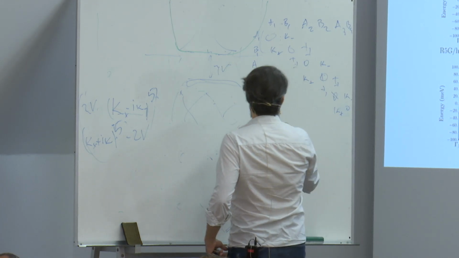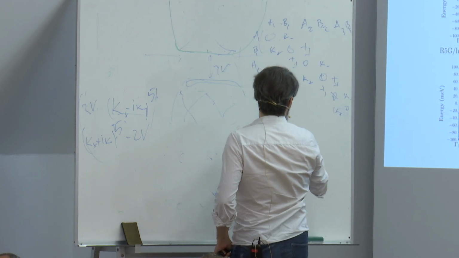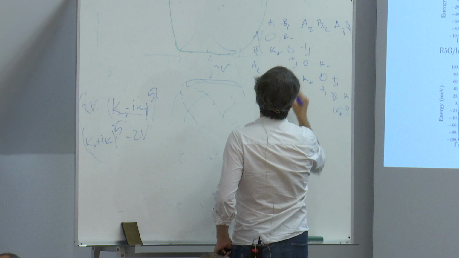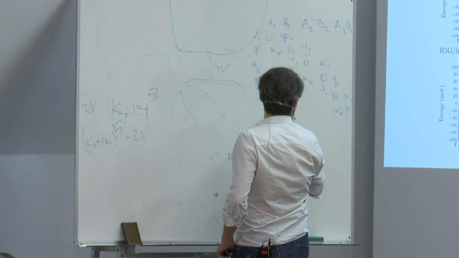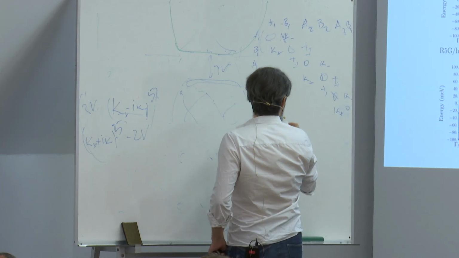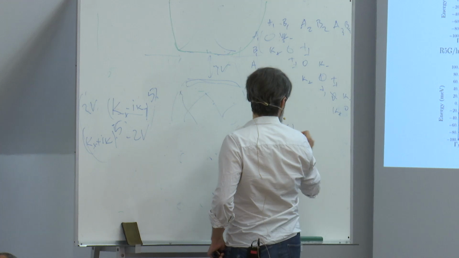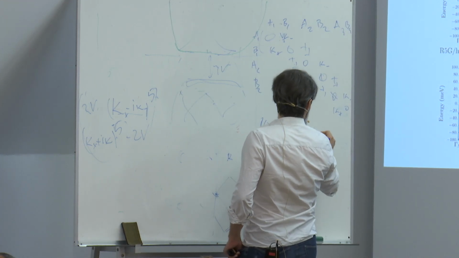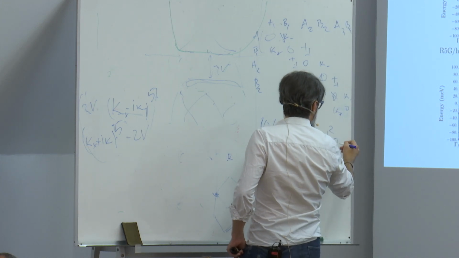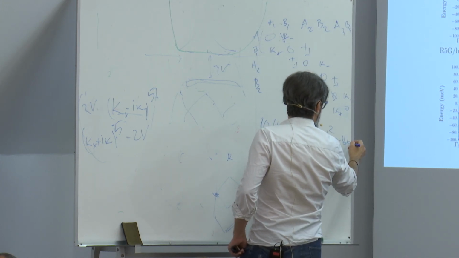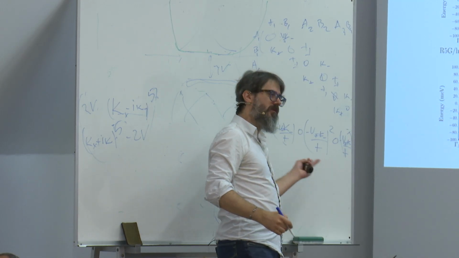One of them is 1, 0, K minus. There's a VF, obviously, a Fermi velocity here. So let's do VF K minus over T: 1, 0, minus VF K minus over T, 0, minus VF K minus over T squared, 0, minus VF K minus over T to the third, all the way to the fourth in this case.